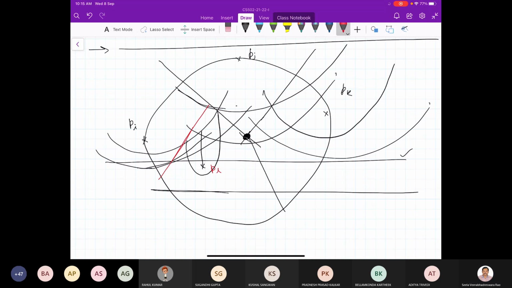Like this, and you will have a bisector between PL and PJ, something like this, and you will have a bisector between PL and PK like this. Okay, so this modified Voronoi diagram is like this.